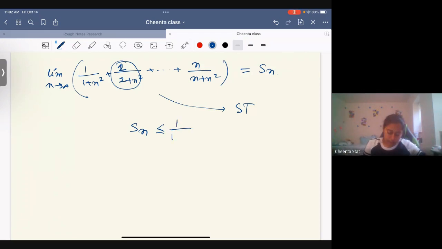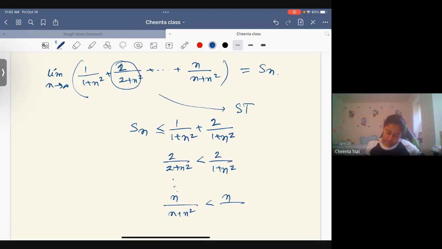So if we write 1 by 1 plus n square, keeping this term intact, and we make the next one 2 by 1 plus n square, this term is bigger than this. 2 by 2 plus n square is smaller than 2 by 1 plus n square. Likewise, n by n plus n square is smaller than n by 1 plus n square. For the same reason, because n is a big quantity, we are replacing it by 1. So our denominator is small and our entire fraction is large.